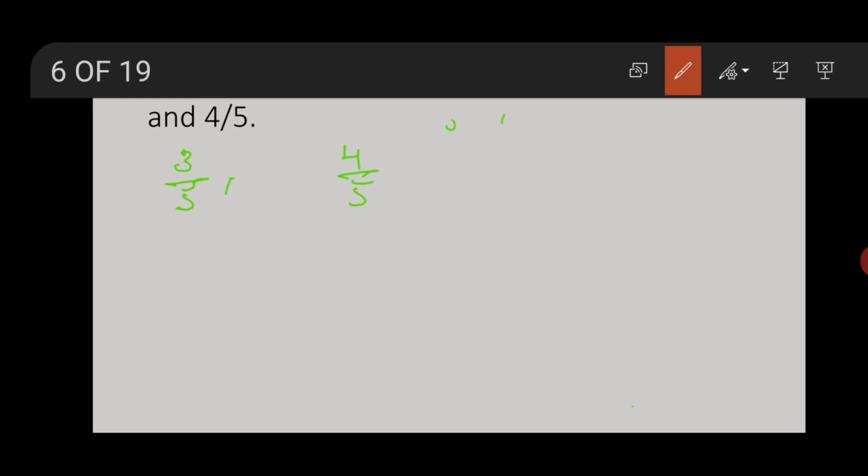Therefore, add 1 to the required rational number. I will write here required rational numbers, 6. So add 1, it becomes 7. So now what do we have to do?